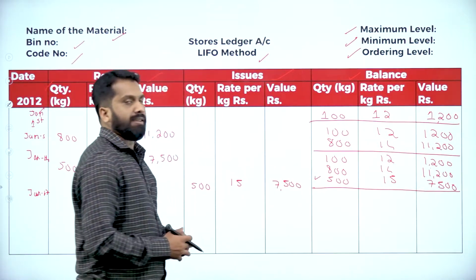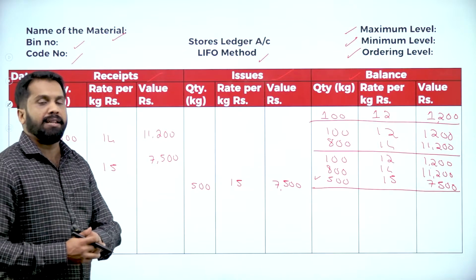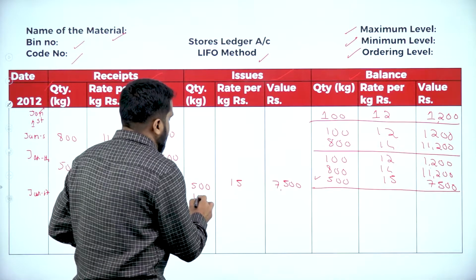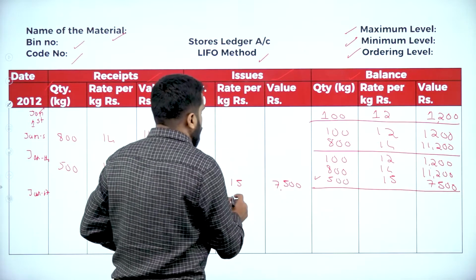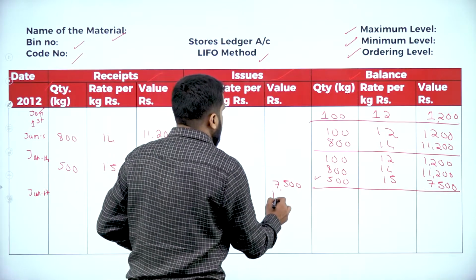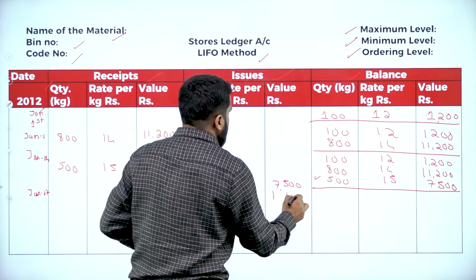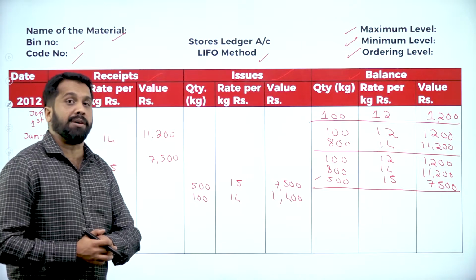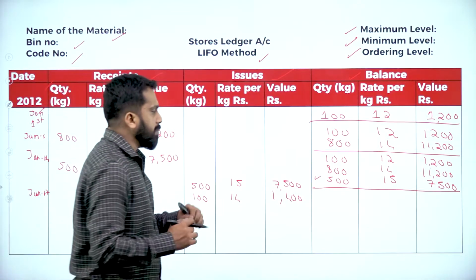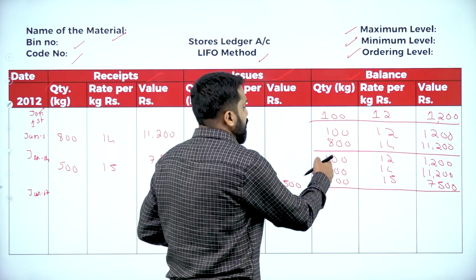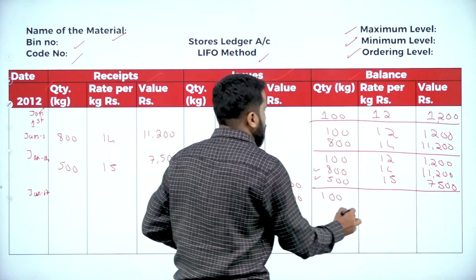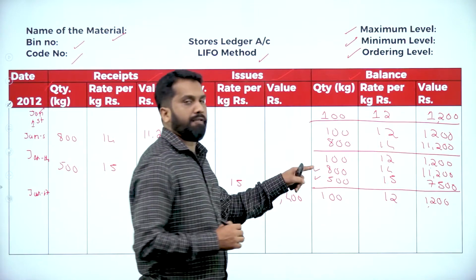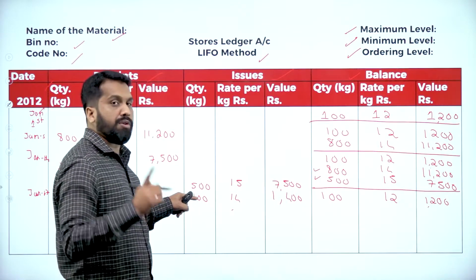Out of 800, how much do you need? You needed only 100. The value is 14, so 100 into 14 is 1,400. Now write down the balance. The first one you have not used. Second, out of 800 you have used 100.